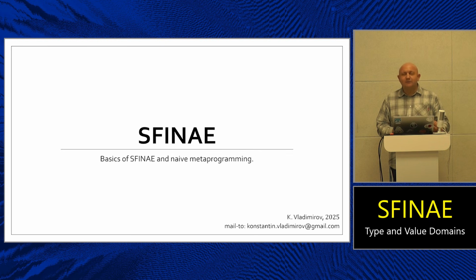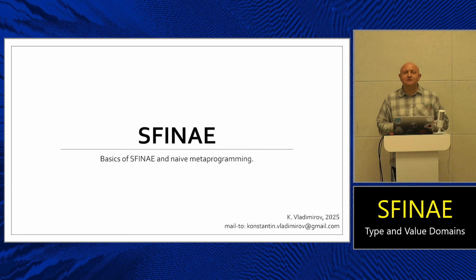There is, however, one part of compilation that truly is under our control: instantiation. And that's exactly where today's topic lives. We are going to talk about SFINAE and about how it lets us guide the compiler's reasoning at compile time.